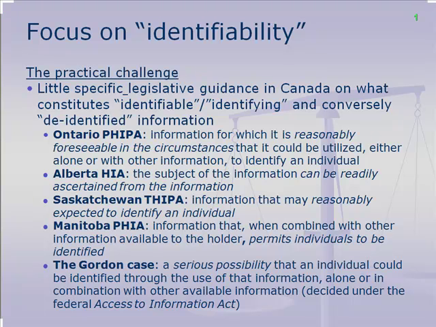Absolutely. And one of the challenges in the Gordon case is that it was a database. My reading of the case is, according to this test as it was applied, that if there is a serious possibility that any one record in the database could be identified, then that whole database becomes identifiable, the way you're supposed to treat it.